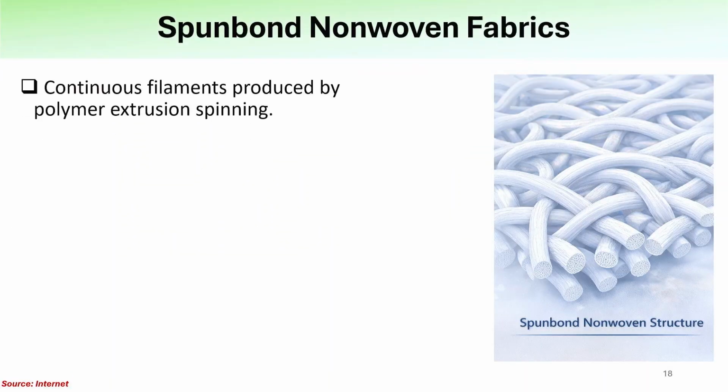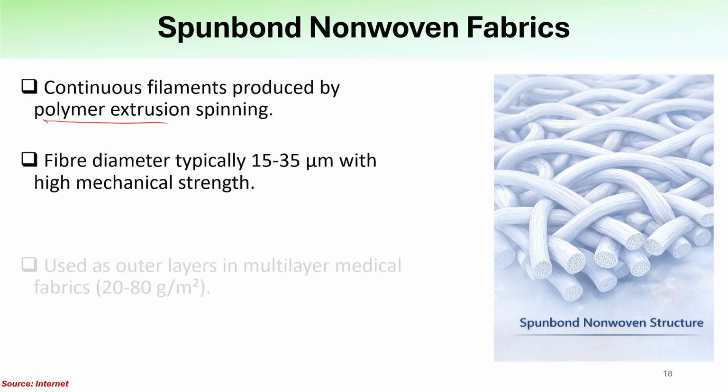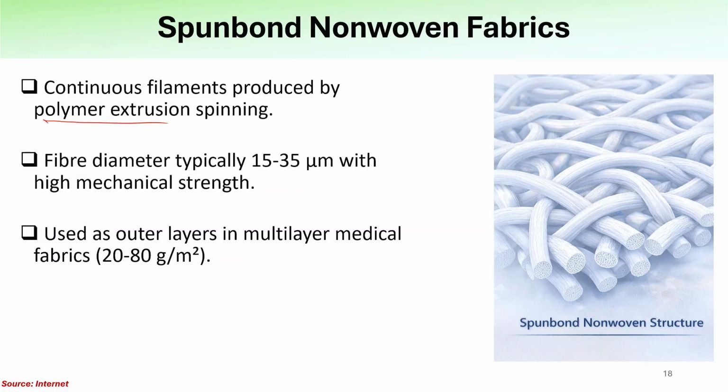Spun-bonded fabrics are also used, that is, non-woven fabrics of continuous filaments produced by polymer extrusion in the spinning. The continuous filaments form the web and are subsequently bonded, with a fiber diameter range of 15 to 35 micron.